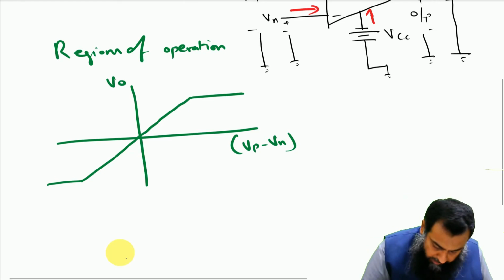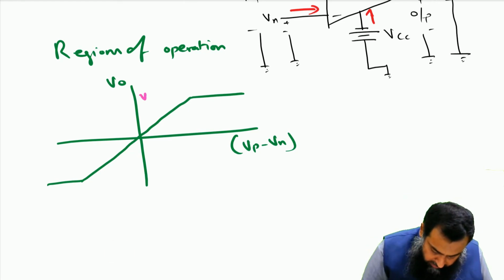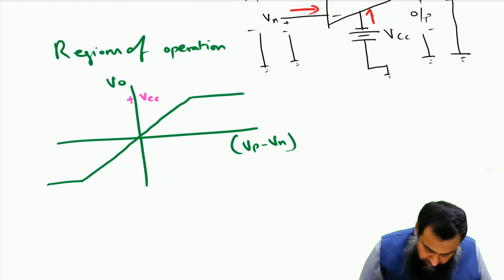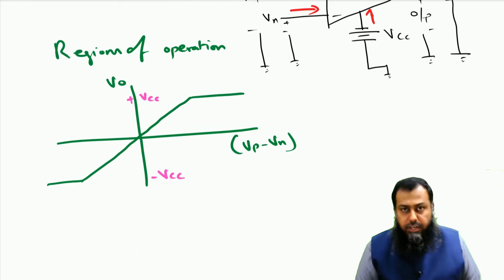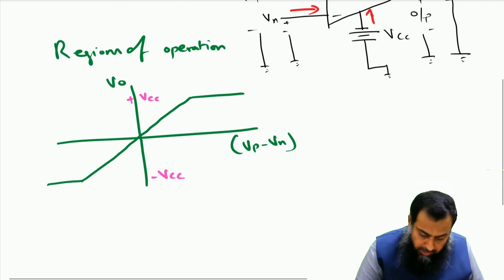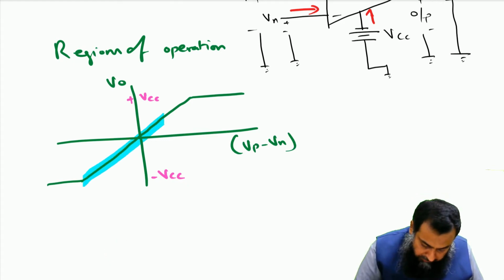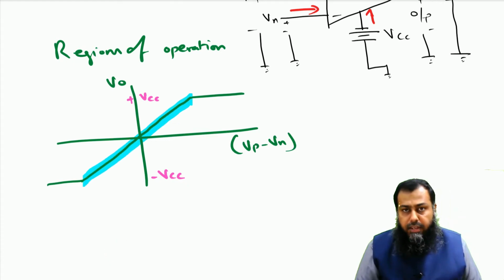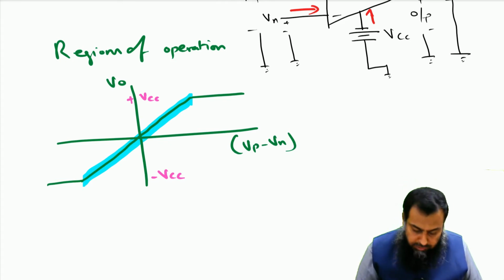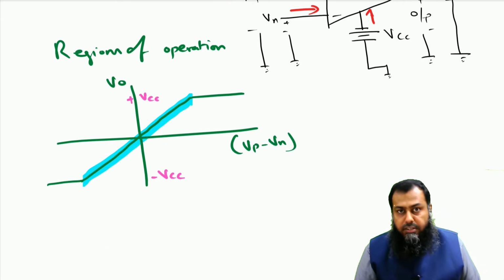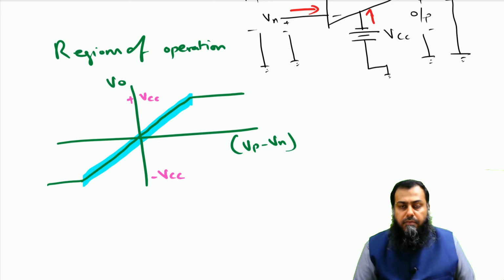Notice that this particular point is the plus VCC and this particular point is the minus VCC. So you see, all the amplification can only be accomplished if the operational amplifier is operating in this linear region. If the gain of the amplifier is set too high, so that it tends to cross the biasing supply voltage levels, plus VCC or minus VCC, it is simply not possible for the operational amplifier to amplify the given signal.